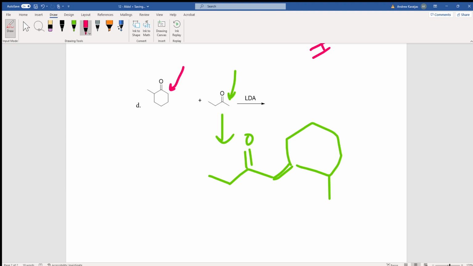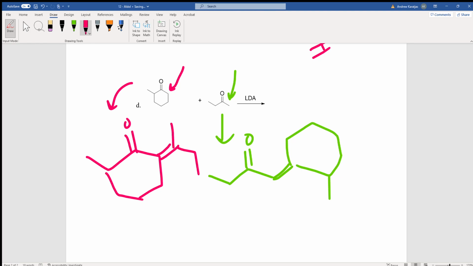On the other hand, if we use the other carbonyl as our nucleophile, we'll end up with this product.